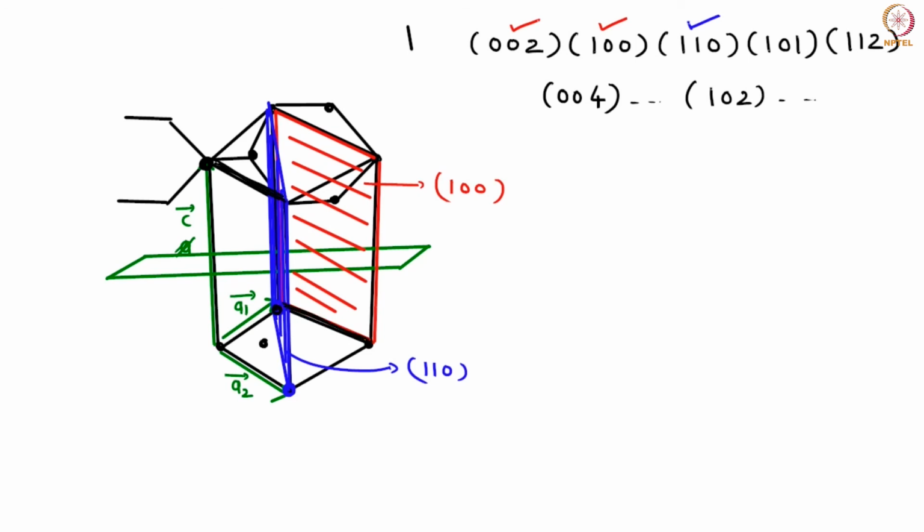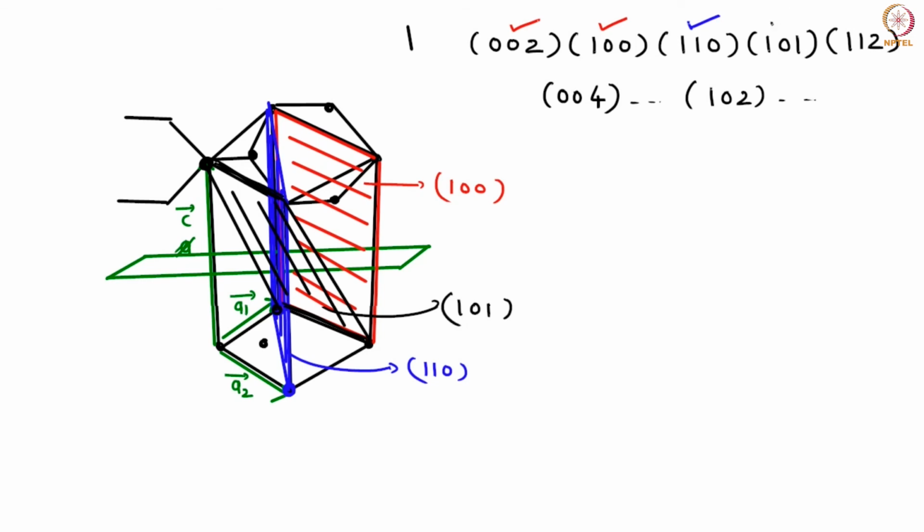I hope you can see this plane in the same diagram. So this plane is going to be your 101 plane. Let me write it down: this is your 101 plane.